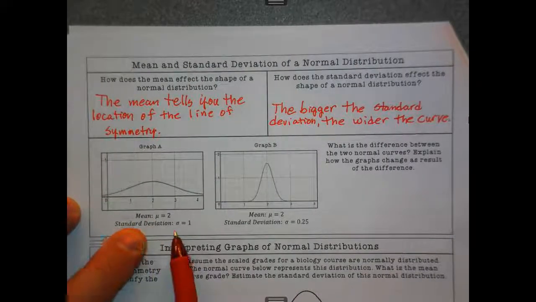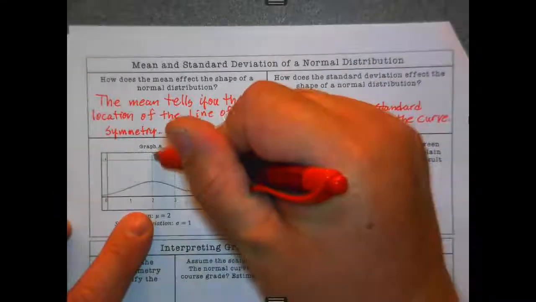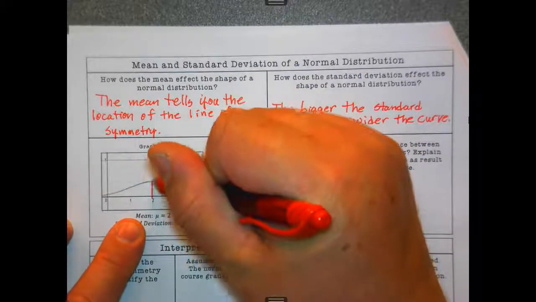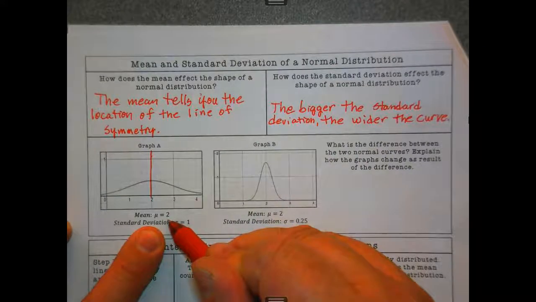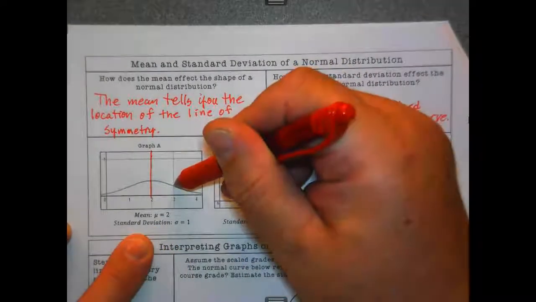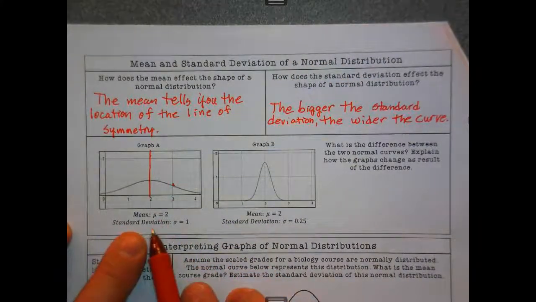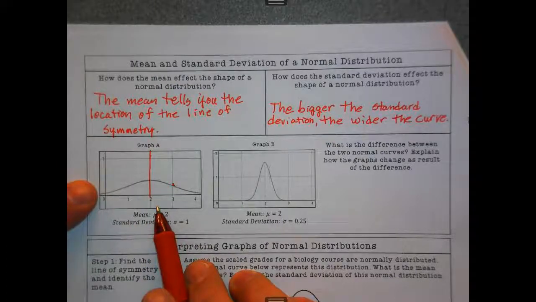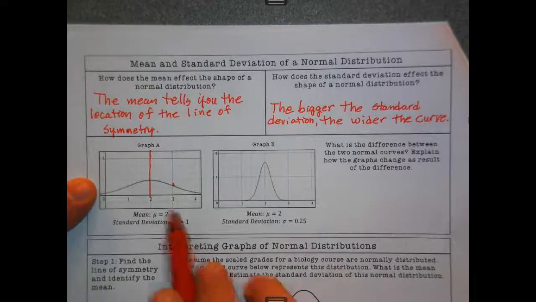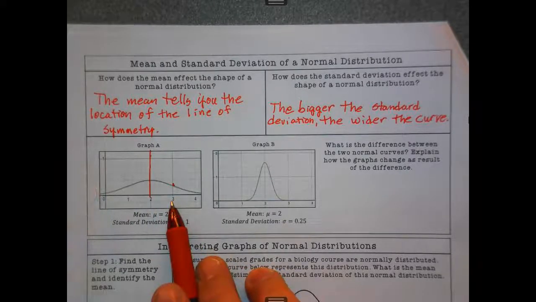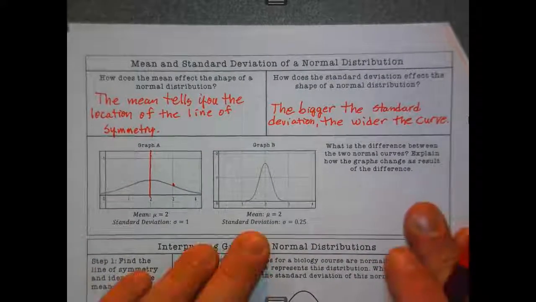The standard deviation here is 1 because from this mean, which happens to be 2, right? Mean is 2. And the first inflection point here is 1 unit. So this normal distribution has a standard deviation of 1, from 2 to 3, 1 unit. Very important here because this can get confusing.